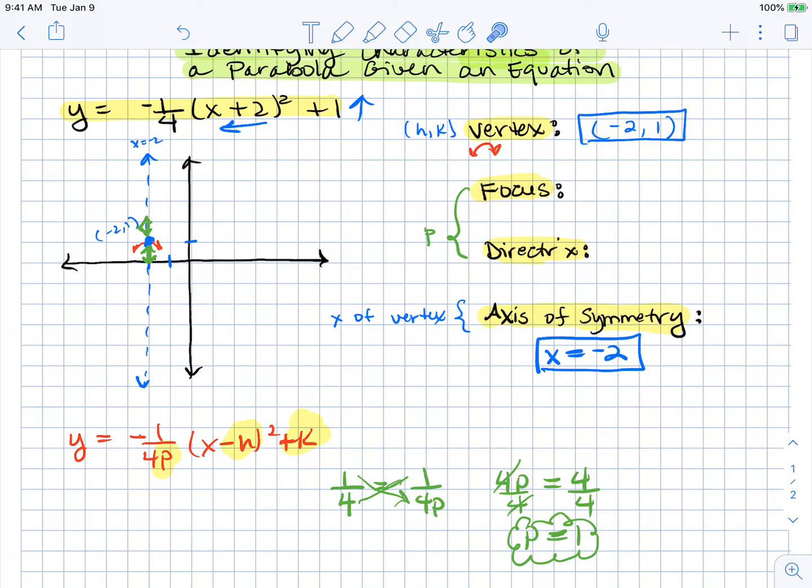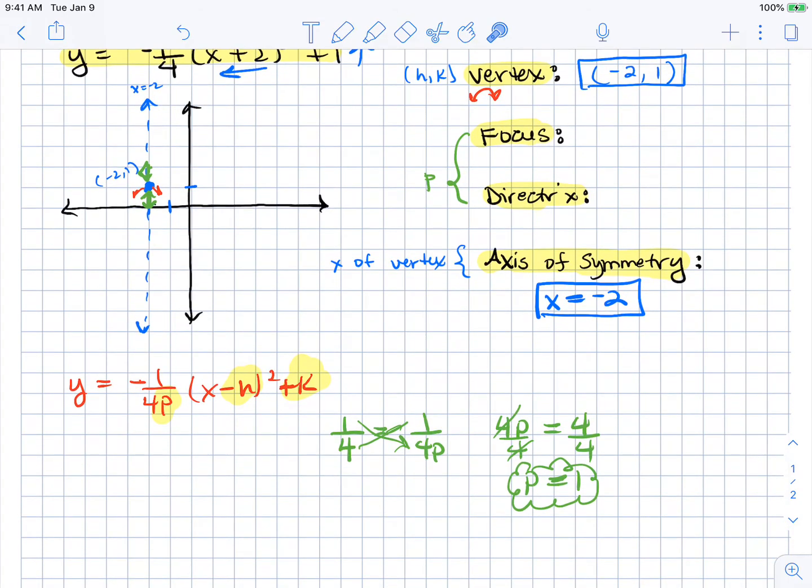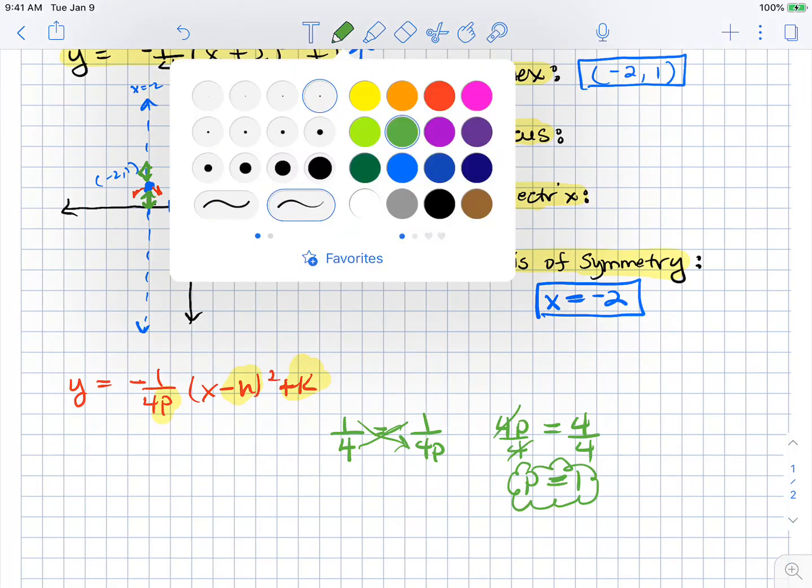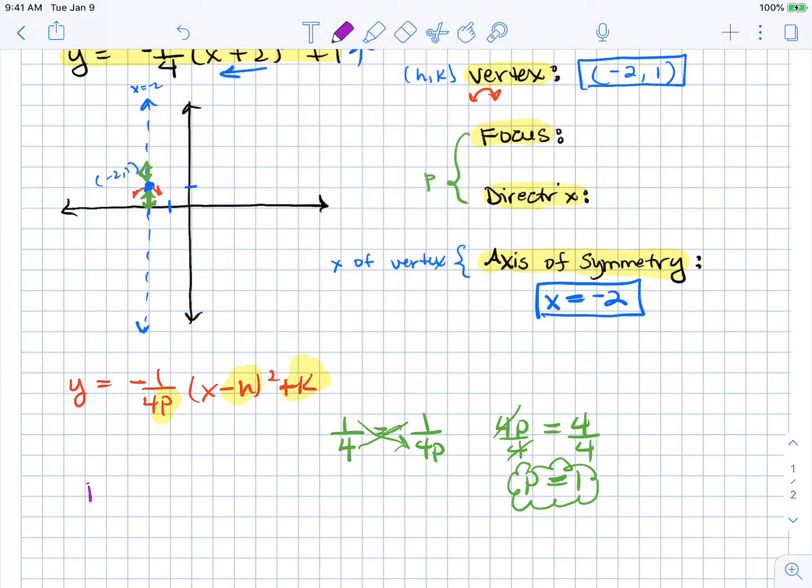Now, a thing to notice is that, and I'm going to write this down, put this in purple down here, I'm going to say that my focus is always inside the curve of my parabola.